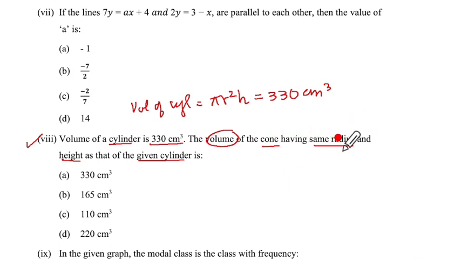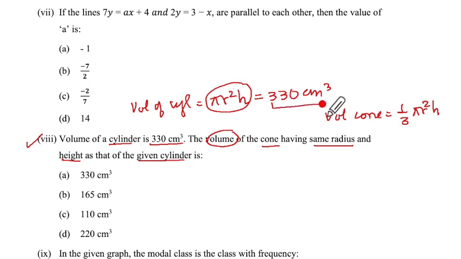Their height and the radius are the same, so the volume of the cone is going to be 1/3 pi r square h. Now pi r square h is given as 330, so 1/3 multiplied by 330 will give us 110 centimeter cube. Where is it? Here. Got that?